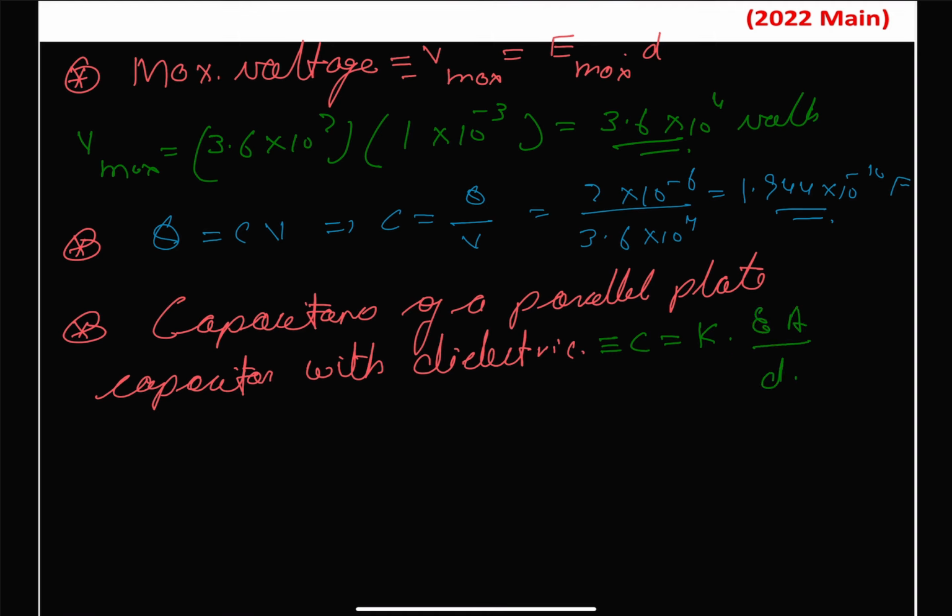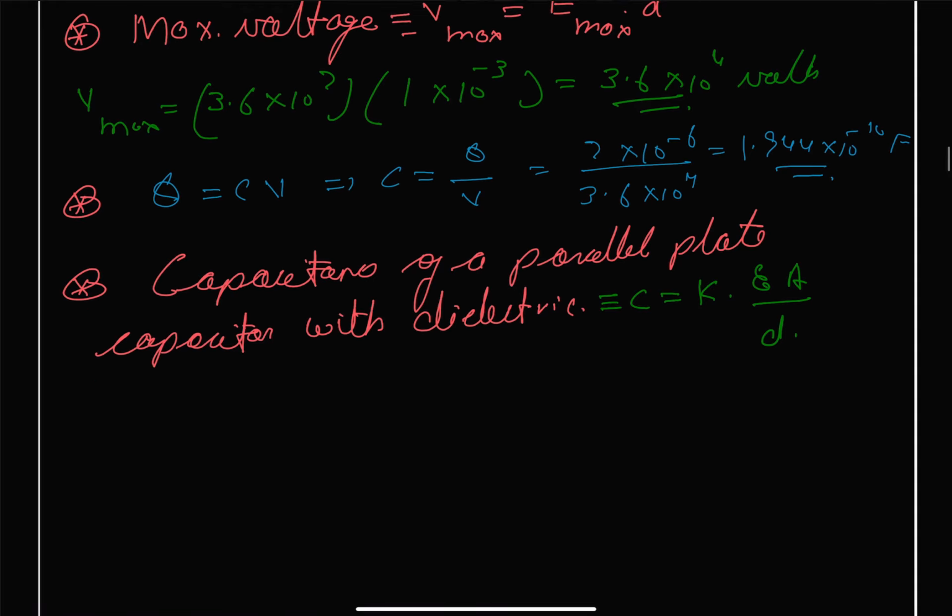C we just found out, we need to find out K, so we can write this as K will be equal to C times d divided by epsilon naught multiplied by A.